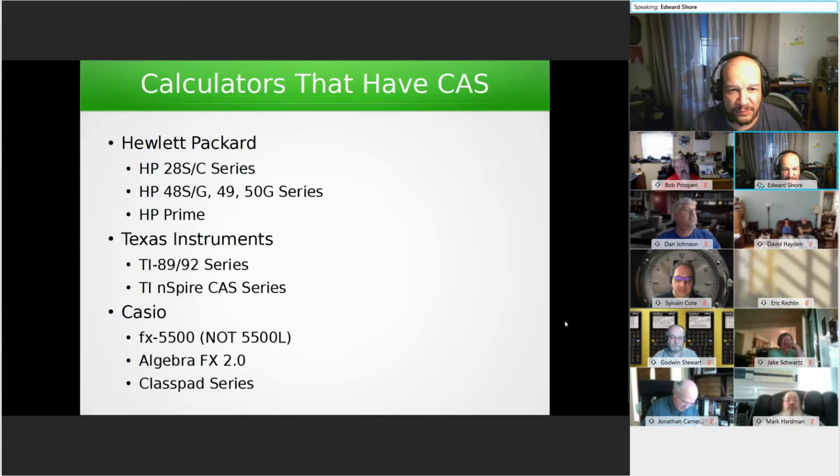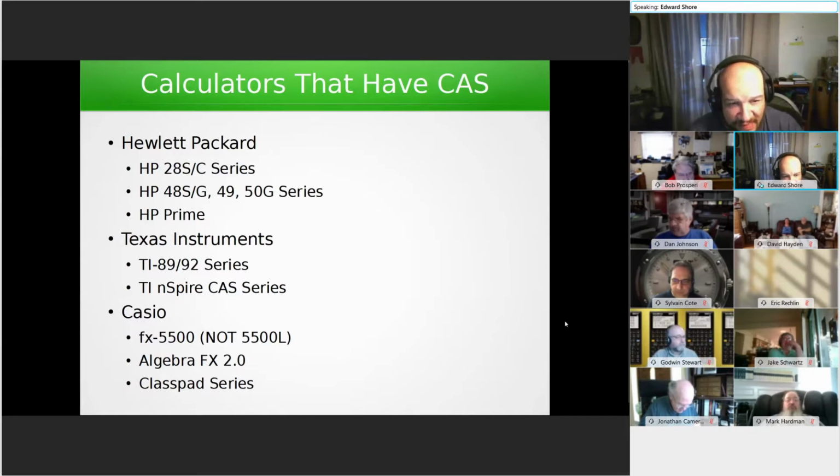On the Texas Instruments side, you have the TI 89 and 92 series. And if you have the TI Inspire, it would have to be the TI Inspire CAS. Those have computer algebra systems operators. If you get the TI Inspire plain, it will not have CAS.